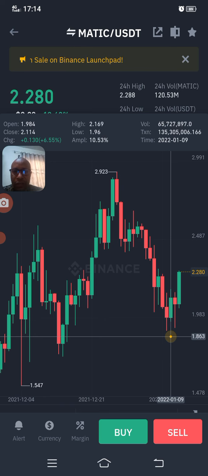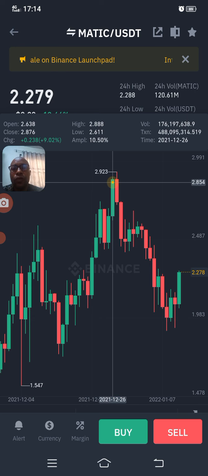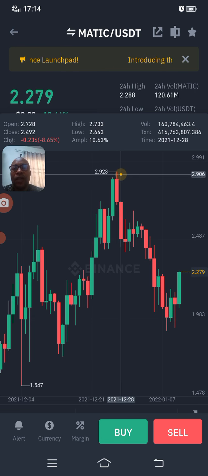When we talk about liquidity void, or when we talk about vacuum in the market, when price moved up from here, the price as of then was $1.74, and price got to $2.93.